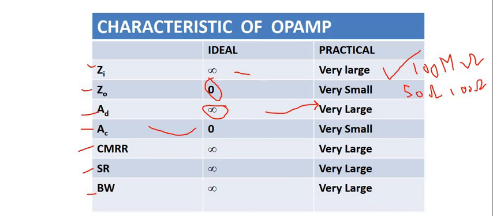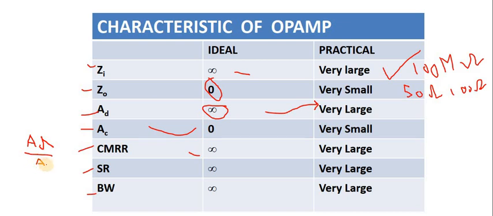CMRR is the common mode rejection ratio, or the ability of the OPAMP to reject the common mode signal. If V1 and V2 are the same, then ideally the common mode rejection ratio is AD by ACM.